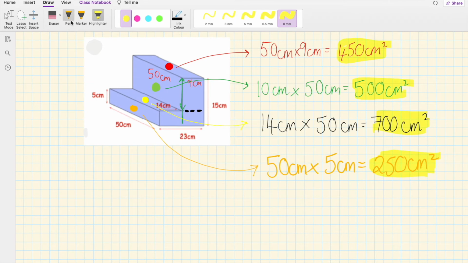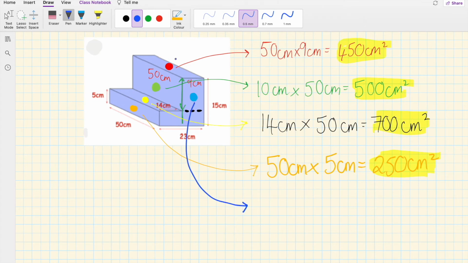Let's now move on to this rectangle here that I've split the original one into. This length is 9, I worked that out earlier. And this height is 15 subtract 5, which is 10. So this rectangle has an area of 90 centimeters squared.